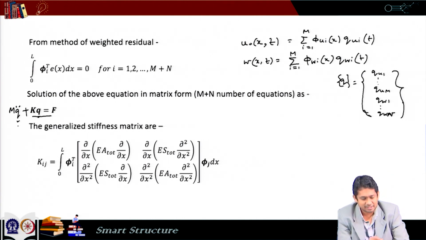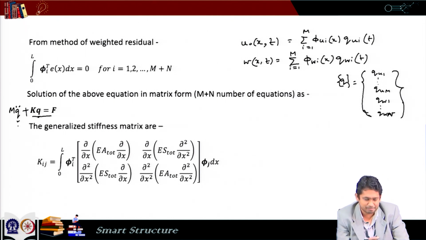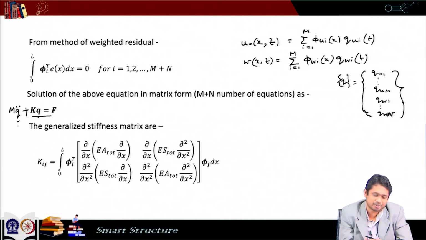So, again, for a static problem, from the partial differential equations we get a set of algebraic equations. I mean, when we get rid of the space dependency, we get a set of algebraic equations. For dynamic problems, after getting rid of the space dependency, we get a set of ordinary differential equations. So, it becomes the initial value problem now.